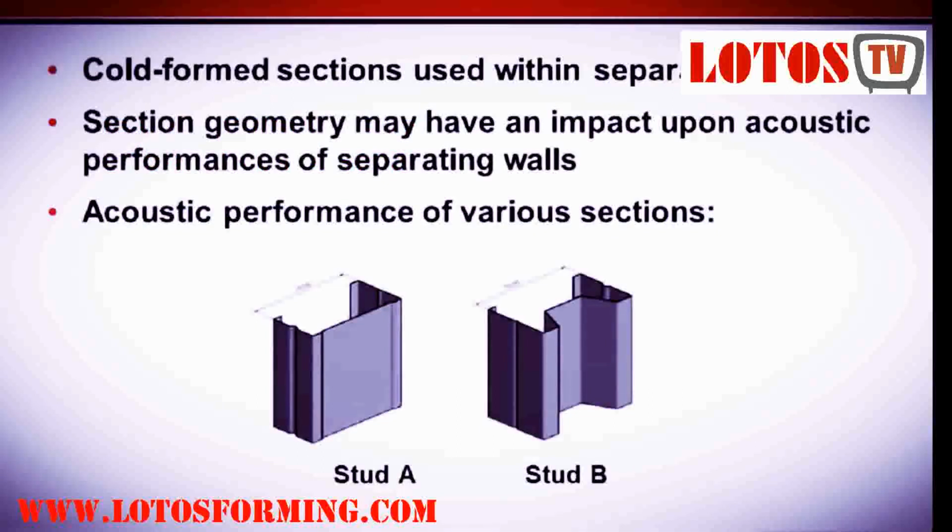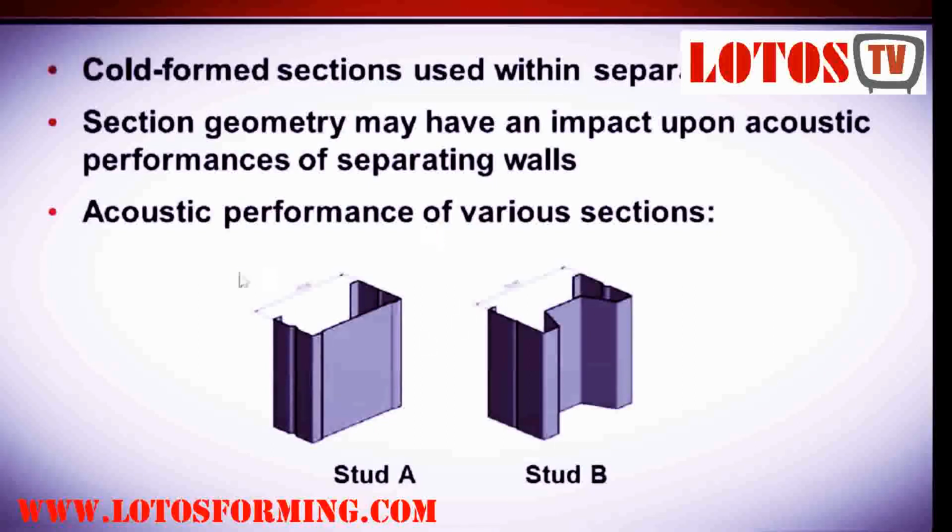As you may already know, cold-formed sections are used widely in application, most commonly in building construction, and many of the cold-formed sections are used in separating walls in buildings, in offices, and in terms of acoustic performance, the section geometry may have an impact upon the acoustic performance of the separating walls in the system.